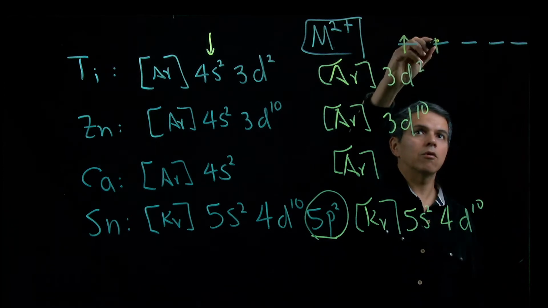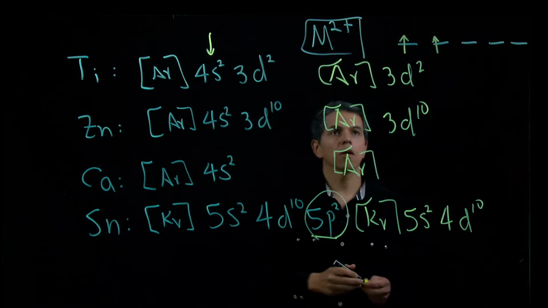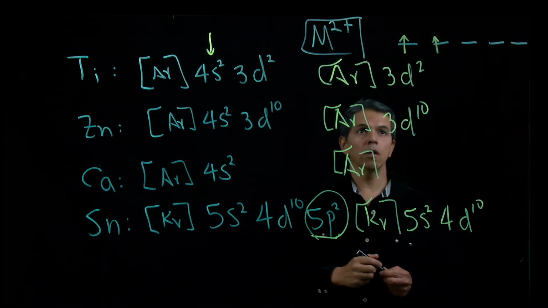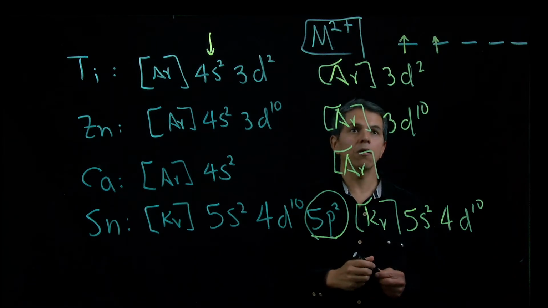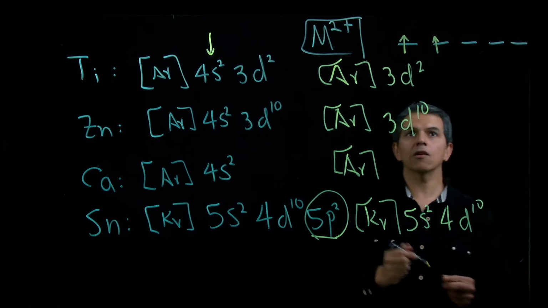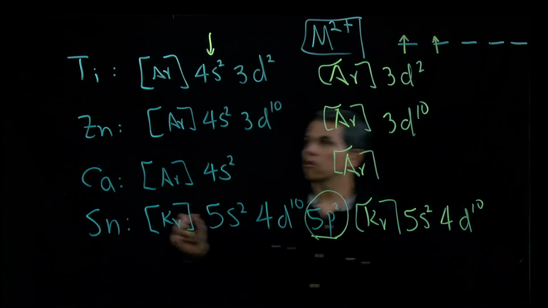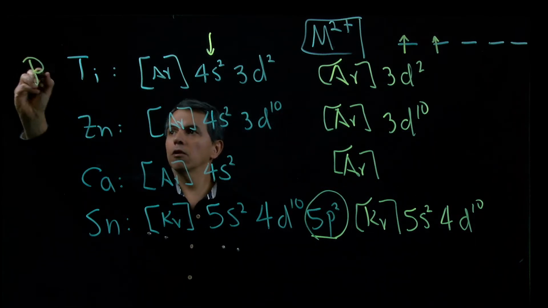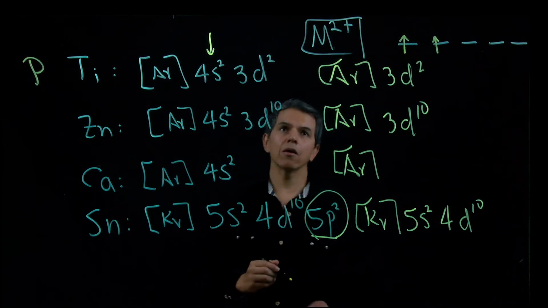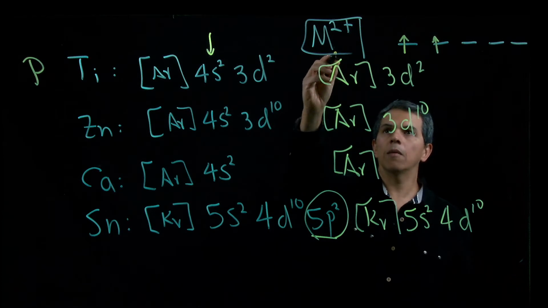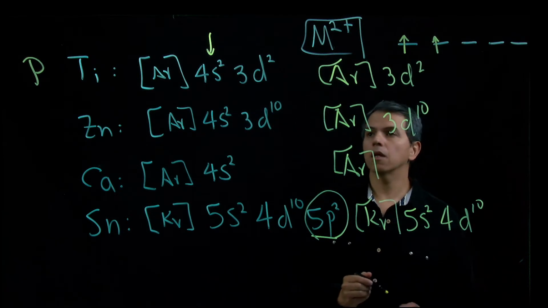The second electron will localize in this other orbital. So this particular ion is going to be paramagnetic because it has 2 unpaired electrons. So I'm going to put a P in front of titanium to indicate that its M2 plus ion is paramagnetic.